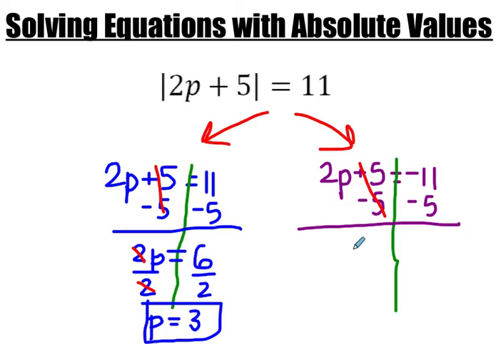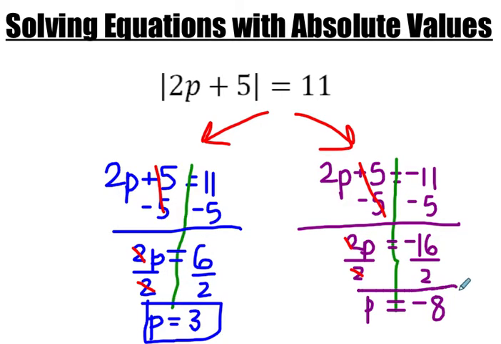So I can say that 2p is equal to negative 11 minus 5 is going to give us negative 16. And then I need to divide both sides by 2. When I divide by 2 on the left-hand side, these cancel, leaving me with just p. And negative 16 divided by 2 gives us negative 8. So this is our other answer.